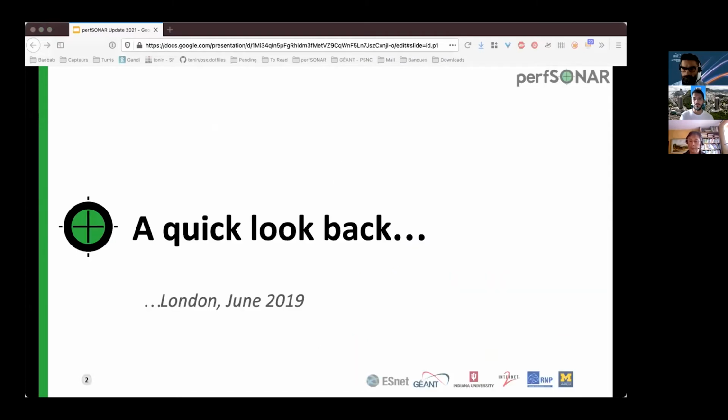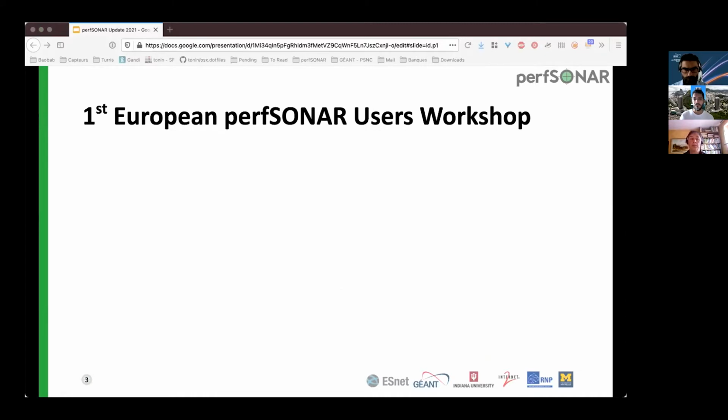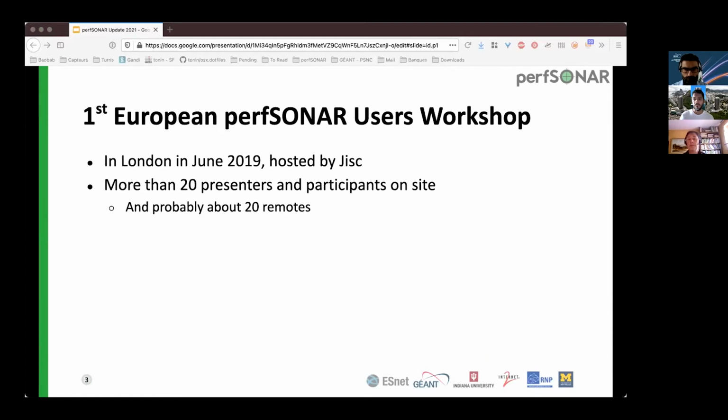I'll be presenting what's new with perfSONAR since the last workshop we had. It was about 2 years ago, before the pandemic, so we had the chance to meet each other, and it was in London. We had called this event the first European perfSONAR user workshop. I think, if I remember correctly, we were about 20 people in the room, presenters and participants, and some more people remotely, probably about the same number.